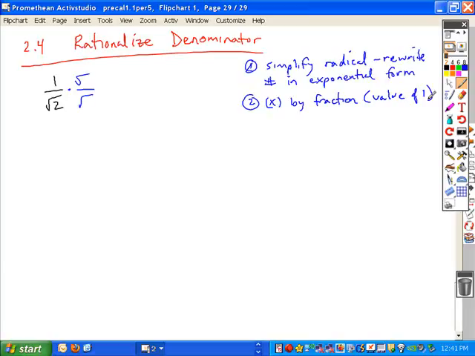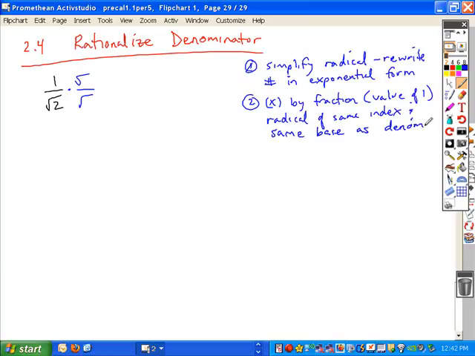Because it's the identity property of multiplication, you can multiply something by 1 without changing its value. So you're going to multiply this by a fraction whose value is 1. But this fraction is going to be radical with the same index and the same base as the denominator.